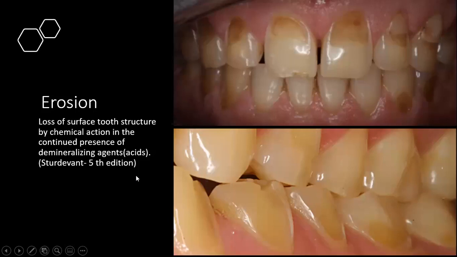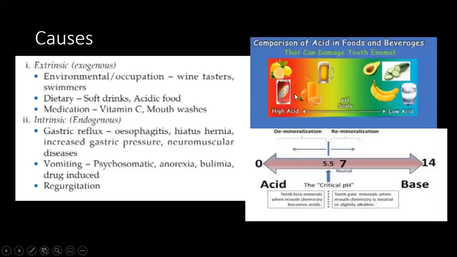Erosion is loss of tooth structure by chemical action in the presence of a continued demineralizing agent, that is acid. So what happens is when there is continued presence of acid in the oral cavity, the pH of the oral cavity drops. The critical pH of the oral cavity is 5.5.